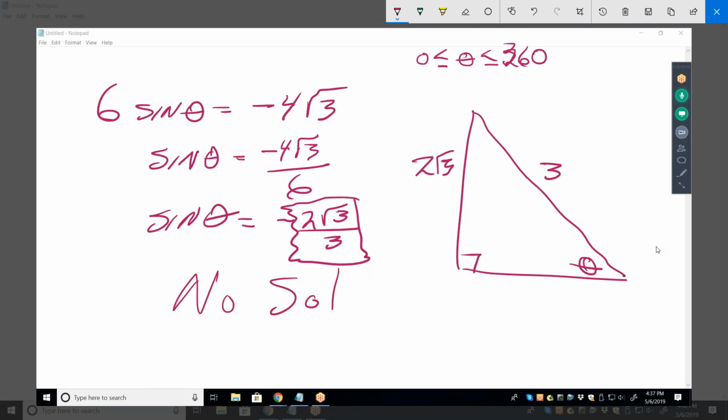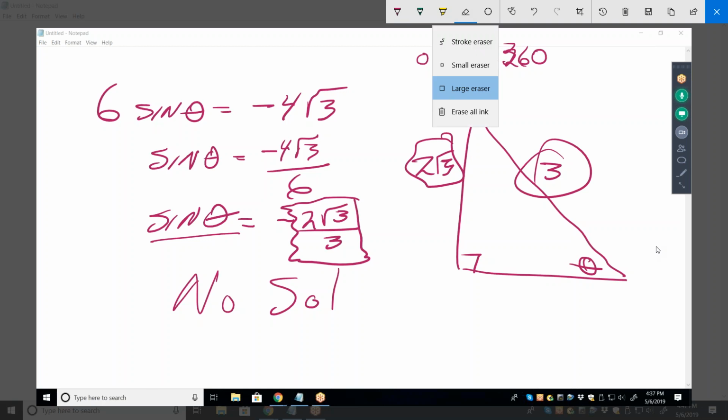Whenever you find a sine of theta or a cosine of theta outside its range, it's no solution. When I tried to draw the triangle, I realized that number is bigger than the hypotenuse, and I can't have a triangle with the hypotenuse not being the biggest side.